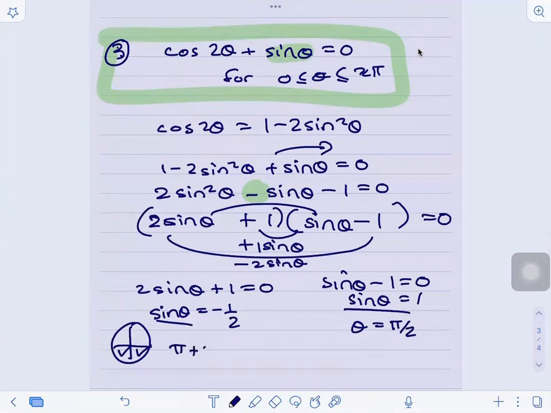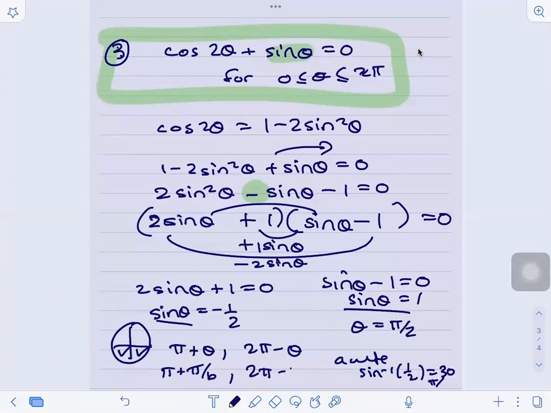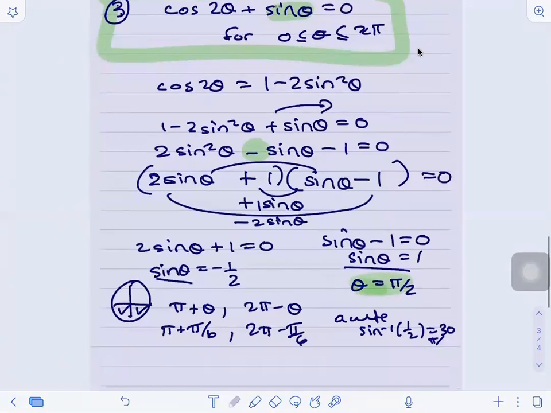So it's going to be pi plus theta and 2 pi minus theta. The acute angle when sine equals a half, so you don't put the negative in because you only want the acute, is 30, and 30 is pi on 6. So it's pi plus pi on 6, and 2 pi minus pi on 6. And of course also the 90 that's up there.